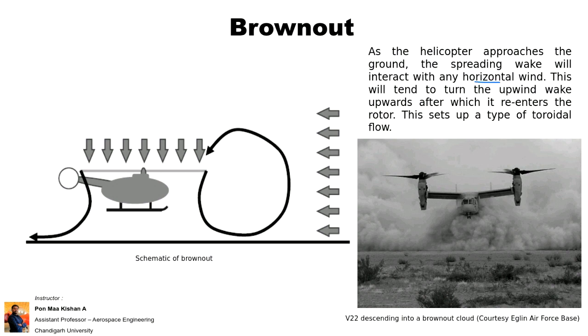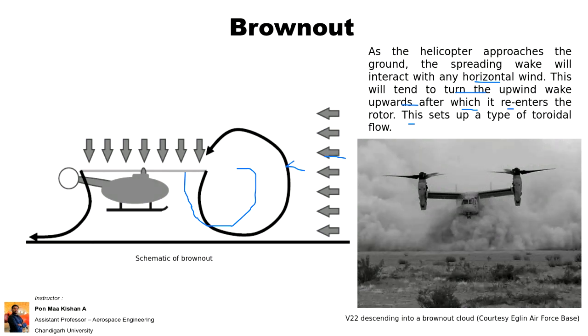This will tend to turn the upwind wake upwards, after which it re-enters the rotor. Due to the ground effect, the wake will try to form and move forward. But if there is a horizontal wind, what will happen to this wake?